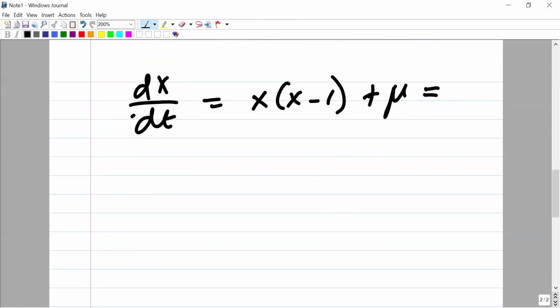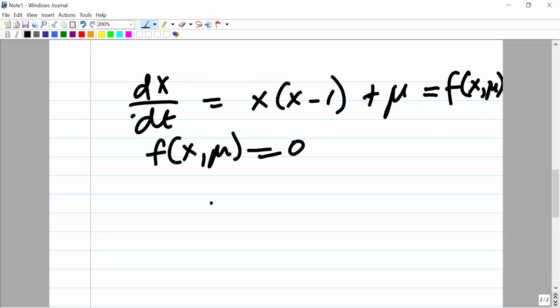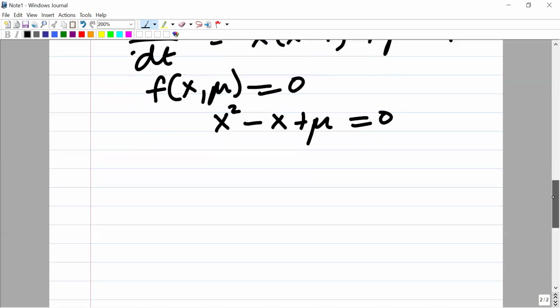This is now a function of two variables, x and the parameter mu. So when we find the equilibrium points, we set f equal to 0. In other words, x squared minus x plus mu is equal to 0.